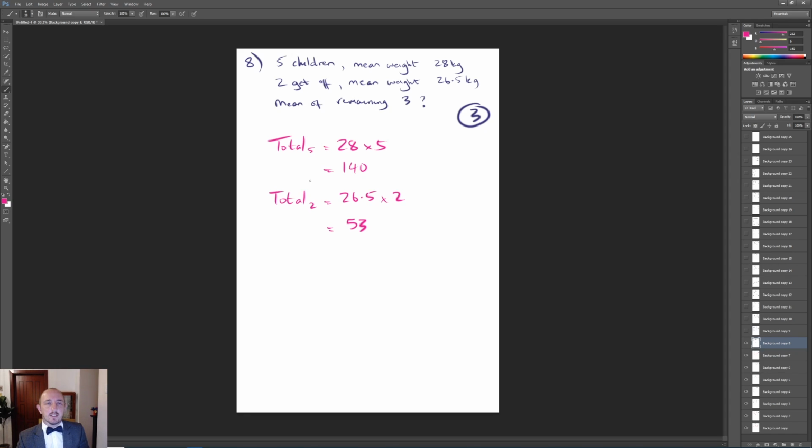When we subtract the 2 weights, then we get the total weight for 3 kids that are left over. So 140 minus 53 is 87, and then the mean is going to be the total divided by the number of kids, and that is going to be 29 kilograms.